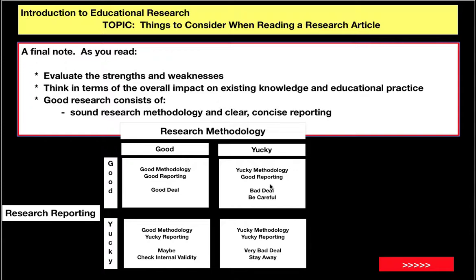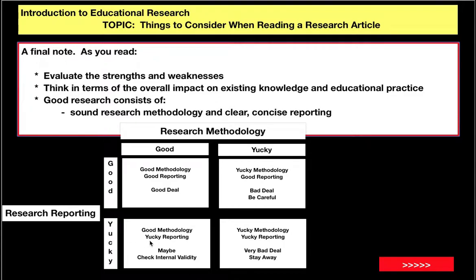Now here we have yucky research methodology, but it's written in such a way that it sounds good. Well, this is a bad deal. You need to be really careful about this. If the methodology is weak, even though it sounds good, you want to stay away from this. Here, this box represents good methodology but yucky reporting.